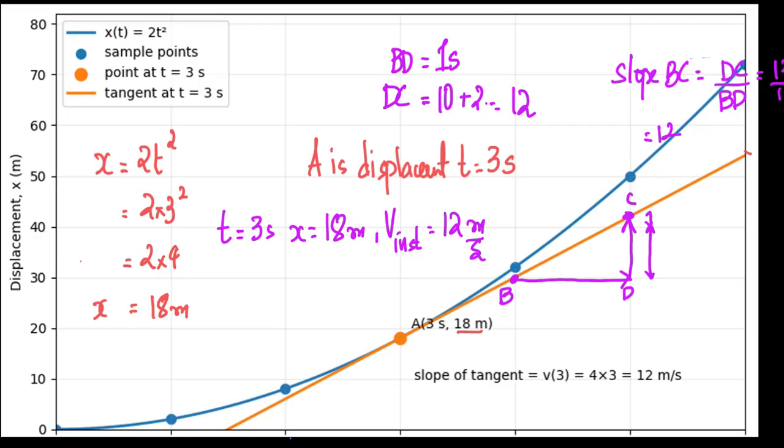Yes, I do understand that it's taking a lot of time for this. But the actual question here is, do we know how to plot the displacement, plot the average velocity and instantaneous velocity from a graph? Because trust me, every chapter will have at least a topic which is easier to understand if you apply graphs, and easier to solve if you know how to find the slope from the graph.